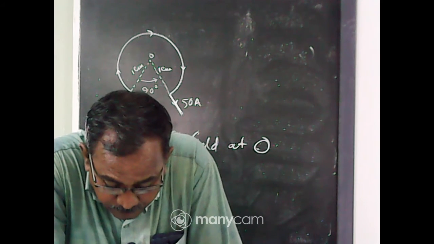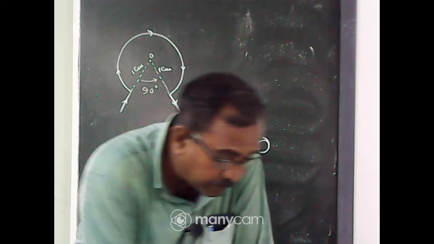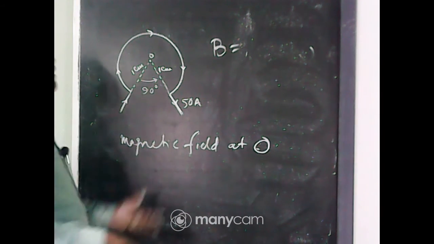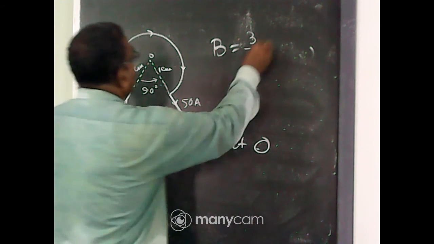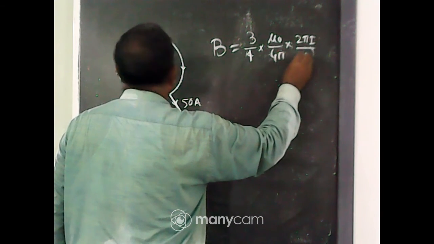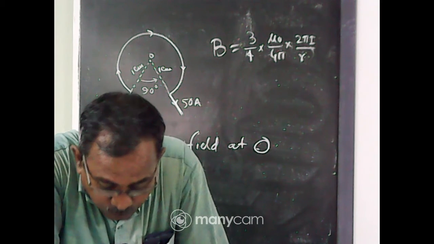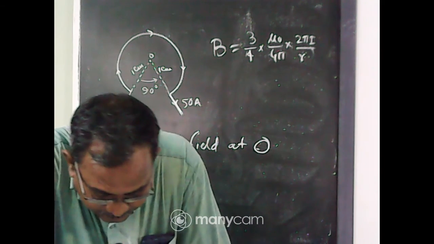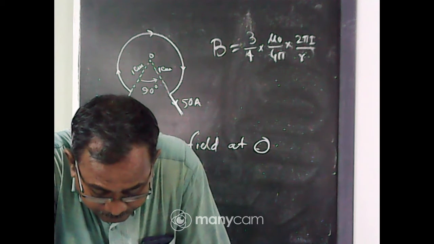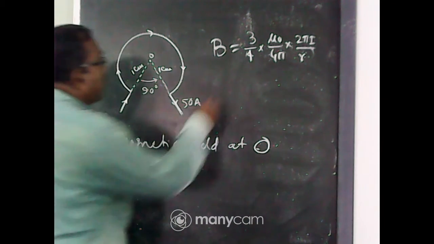B equal to 3/4 mu 0 by 4 pi into 2 pi I by R, where A means R, the radius. So 3/4, mu 0 by 4 pi is 10 to the minus 7, into 2 pi into 50 by 0.01. You put this value.